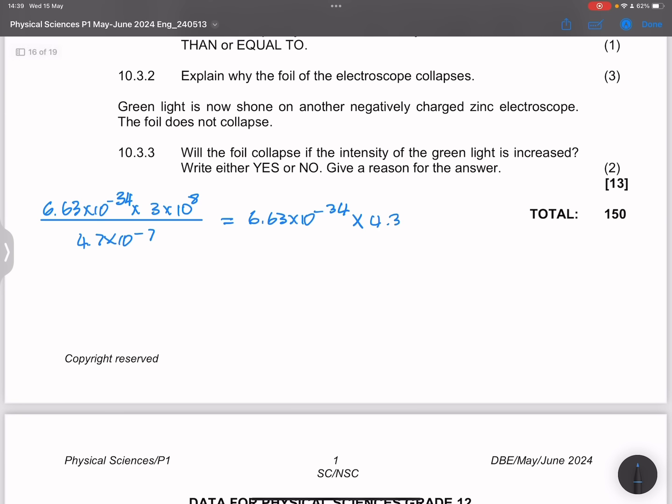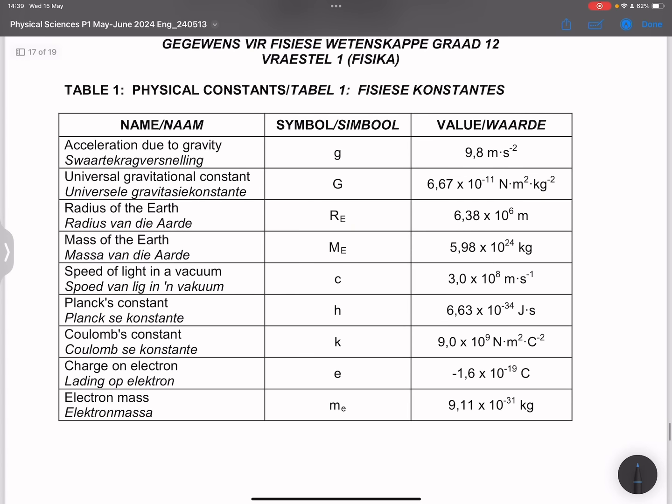So that's 4.37 exponent 14 plus, now our EK max, ladies and gents, please note, this would be the mass of an electron, which is 9.11 exponent minus 31. Please note you are given that mass of an electron. There it is right there.